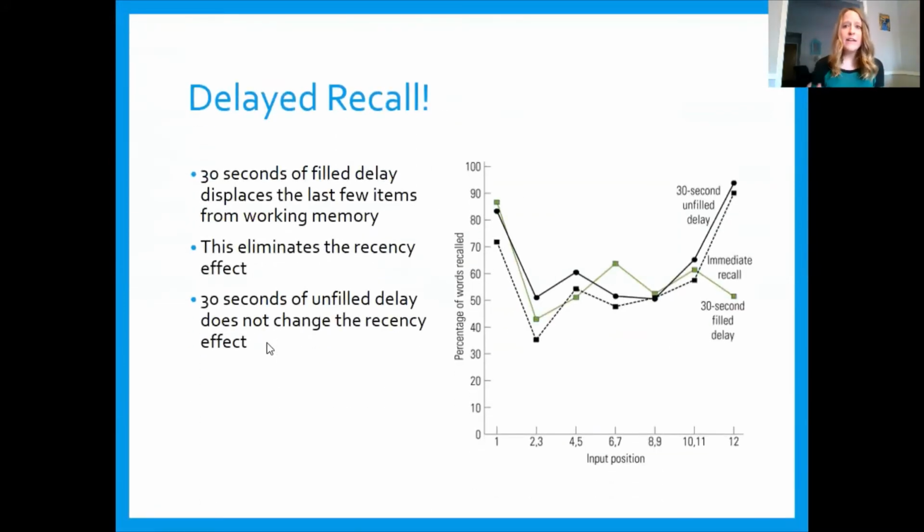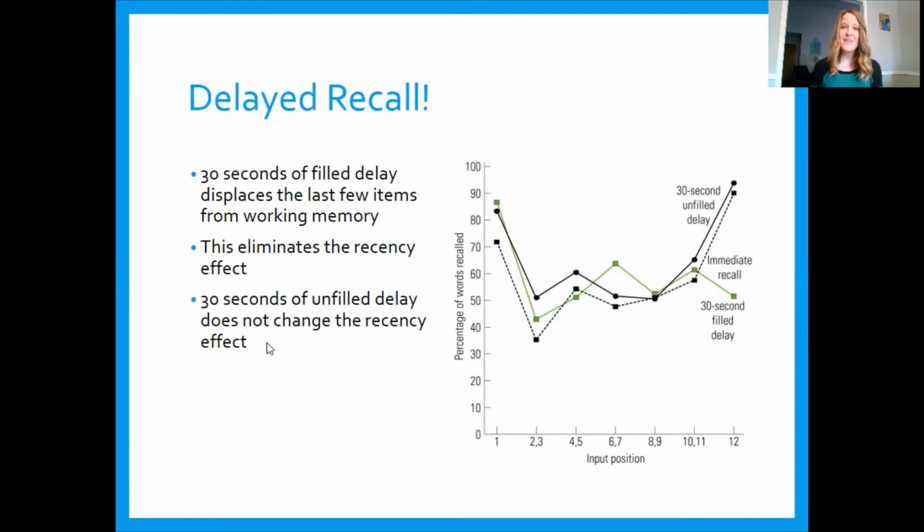And we can vary the demands of the task to really tease apart short-term versus long-term memory. So for instance, if we have delayed recall, so rather than immediate recall, where we memorize the list and then we are immediately given that blank piece of paper to write down as many words as we can recall, if instead we have a delay between the memorization and the recall test, this recency effect is further disrupted if during that delay there is a distraction.